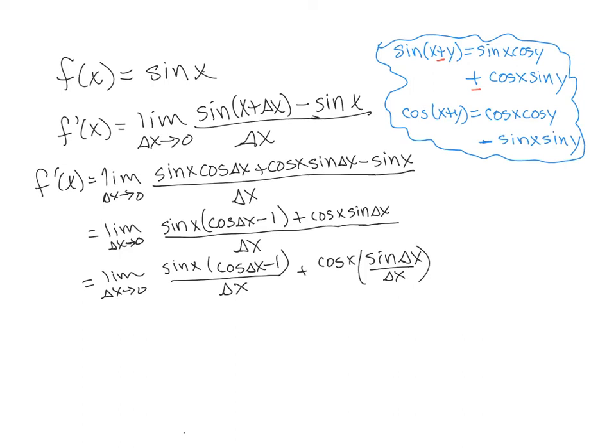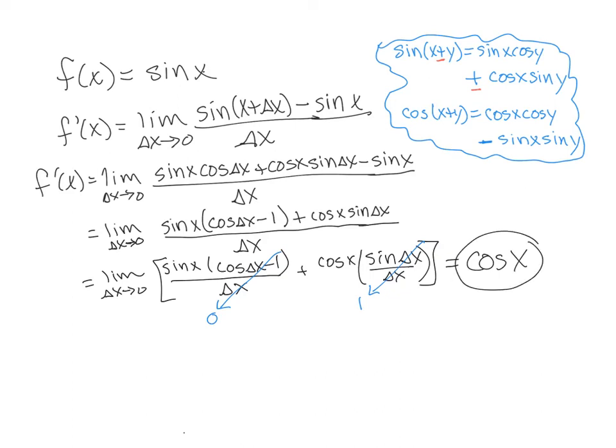Now we're taking the limit of each of these pieces, right? If you remember your special limits, this guy is going to go to 0, and this guy is going to go to 1. So what we have left, this guy is 0, this guy is a 1. What we have left is cosine x.